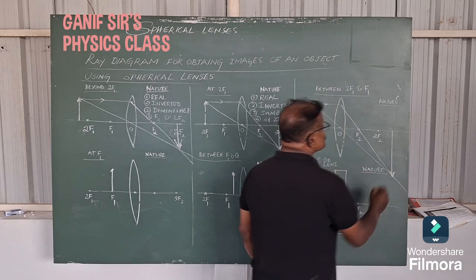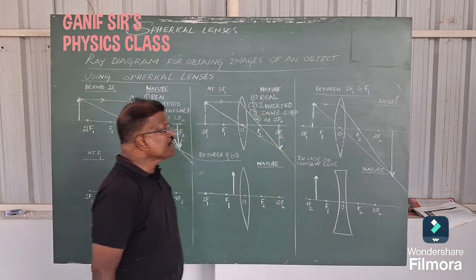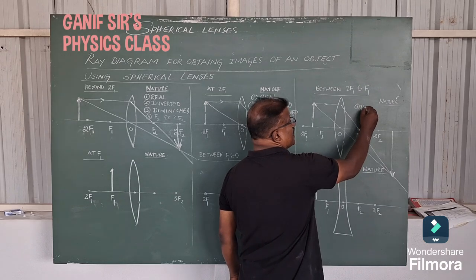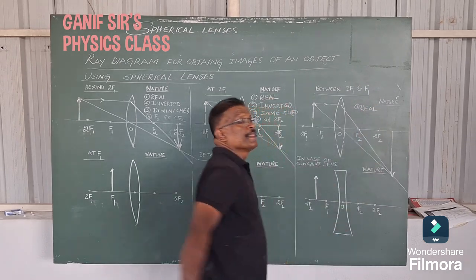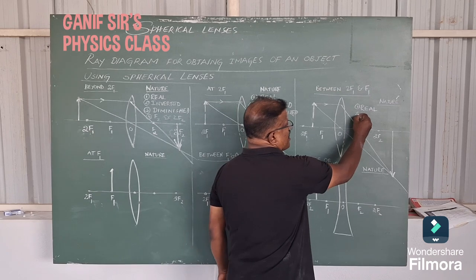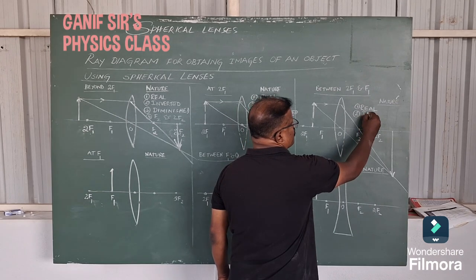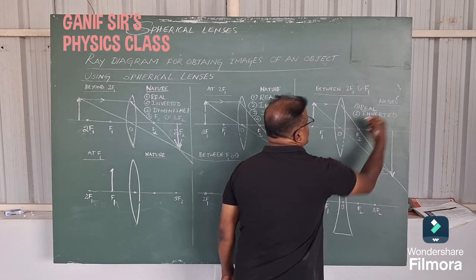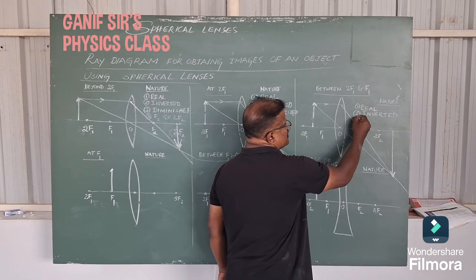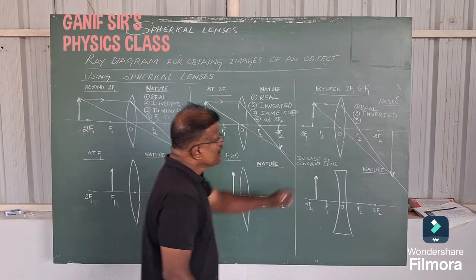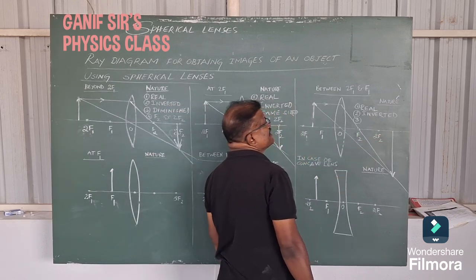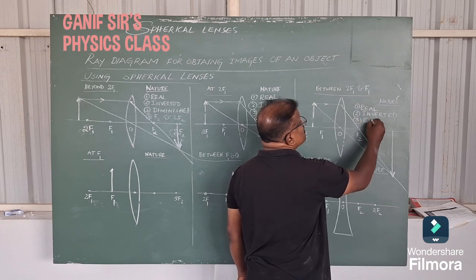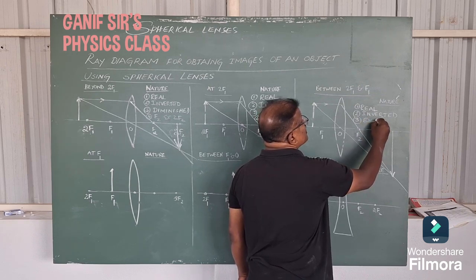Now let's discuss the nature of the image. The first one is real. The second is inverted, of course. The third is the size of the image, which has increased, meaning the image is enlarged or magnified.